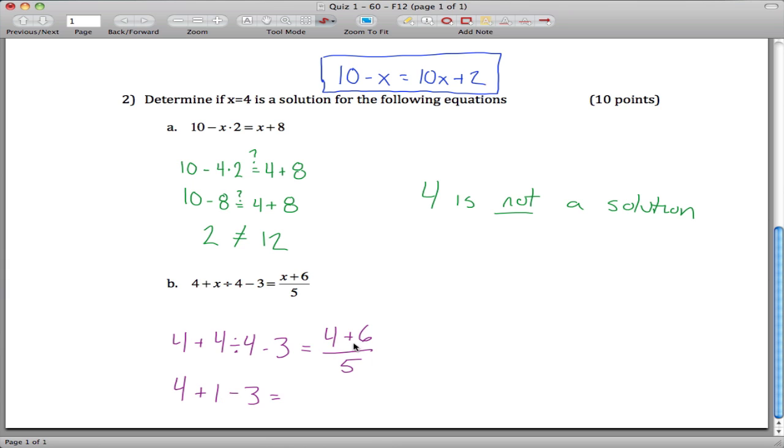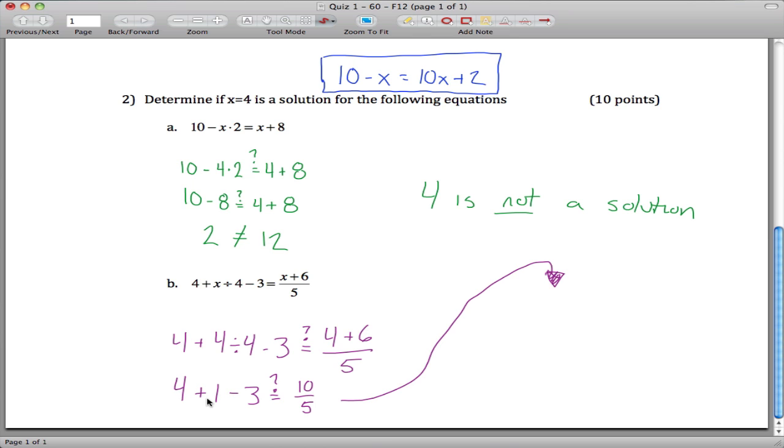Over here, I can take care of what's up on top and get 10 over 5. Maybe I shouldn't put equals because I don't know if these are equal yet. Is all this stuff the same as this? We ran out of room, but we could finish this over here. Addition and subtraction tie in terms of order of operations, so whenever you have ties, you just go from left to right.